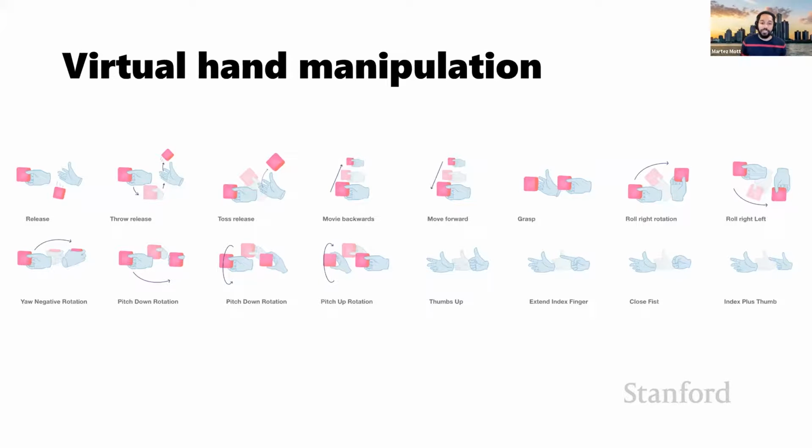So for example, what we found was that these translation ones, like move forward, move backwards, people were able to come up with really easy gestures for those, because they might say directional swipes, for example, might be good enough to understand that if I want to move something backwards or forwards, I might just swipe up and down for that interaction.